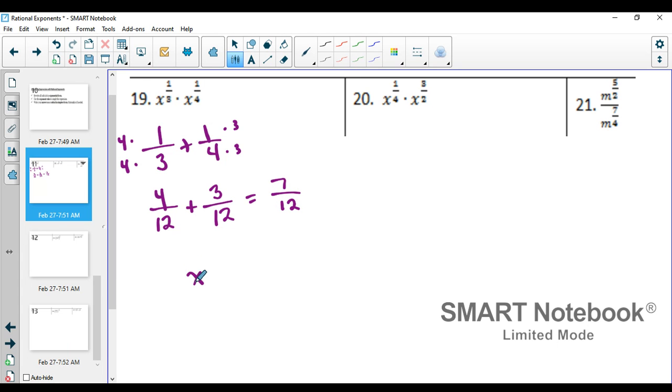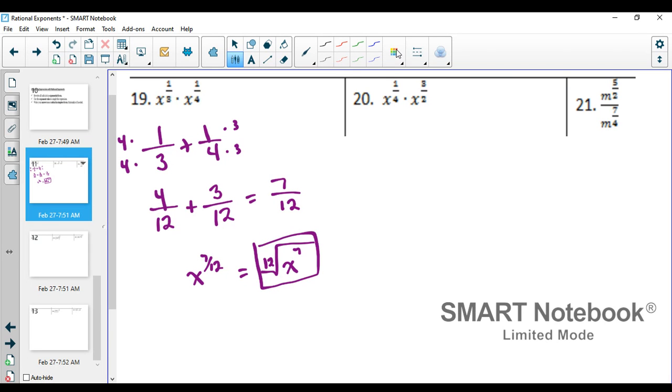So this becomes x to the 7/12 power, but we need to write our answer in radical form. So 7 is the exponent, so it's x to the 7th, and 12 is the index. So it's the 12th root of x to the 7th. And this is the final answer.